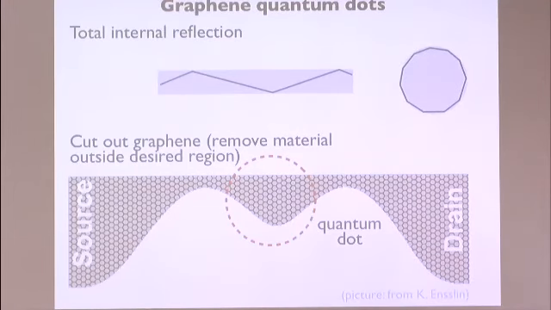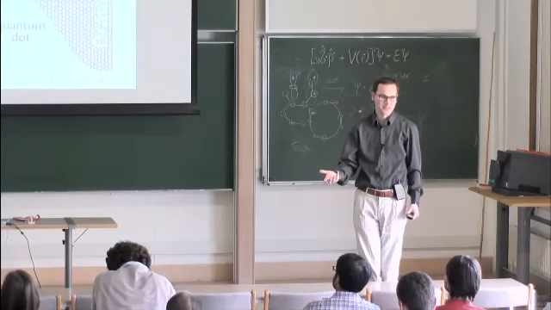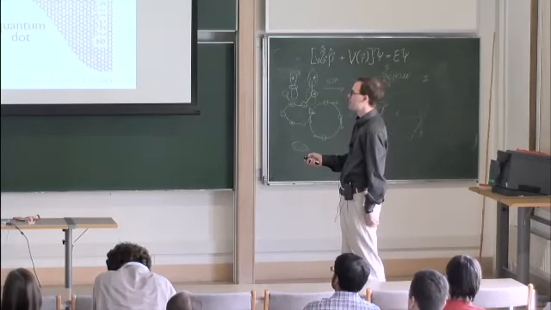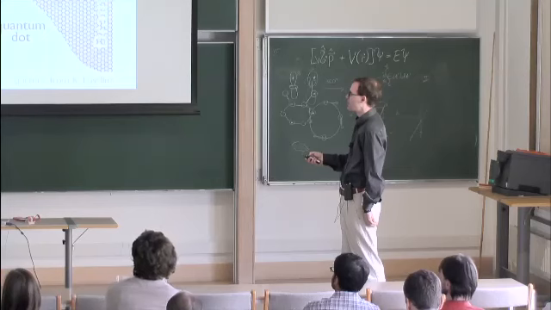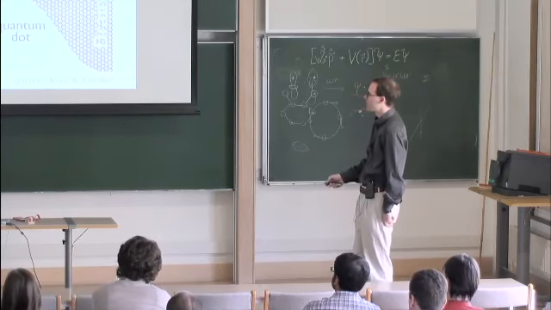There's another much more brutal possibility, which is just to cut away the graphene outside of the region where you want to have the electrons. And this is really also done by people. So they cut out or scratch or etch away the graphene outside the region where you want to have the electrons.